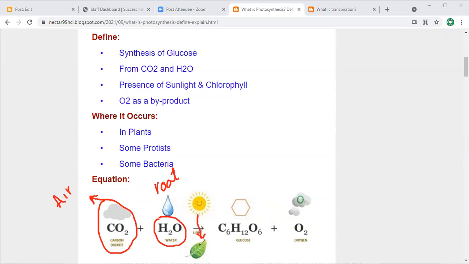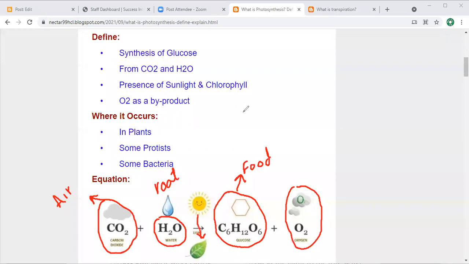In the leaf, chloroplast converts all these things into glucose and oxygen as a byproduct. So that is the food for the plant. We also eat this in the form of vegetables and fruits. And this oxygen we inhale as a byproduct through our nose.